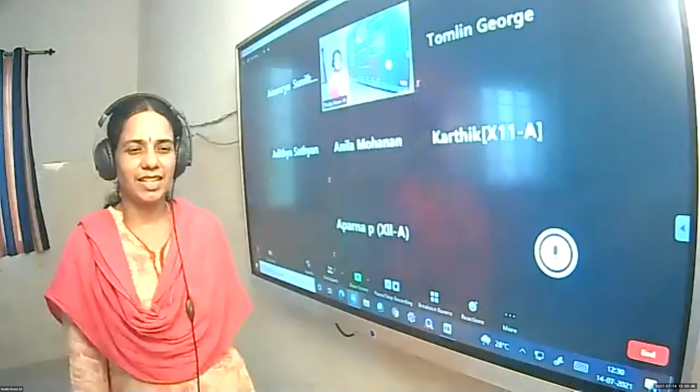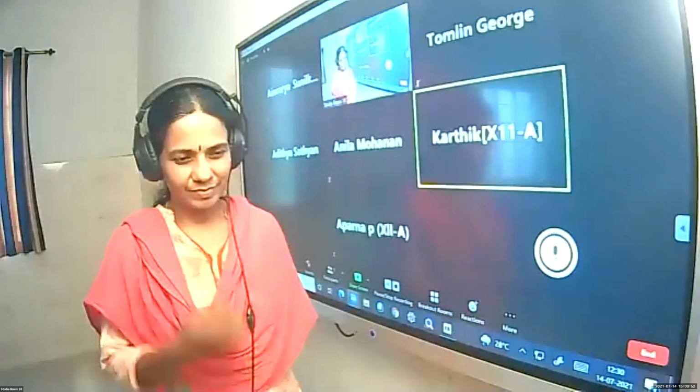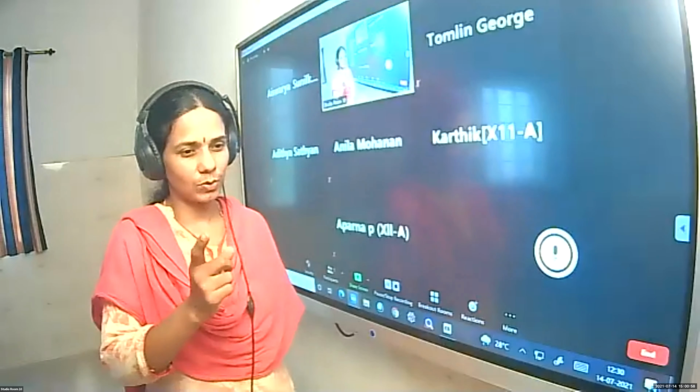Ma'am, while using the second derivative test, we should differentiate the function twice. After that, we should let f dash of x be 0. From that we can find the value of x.